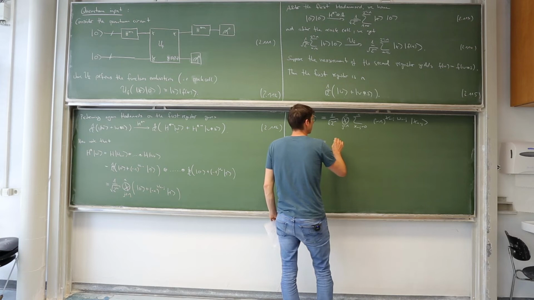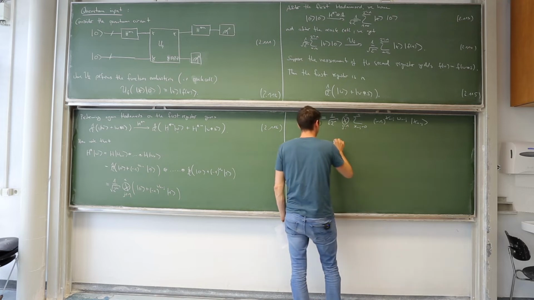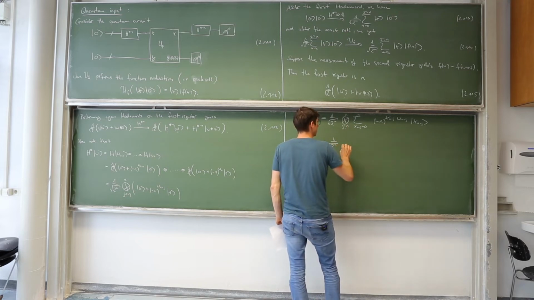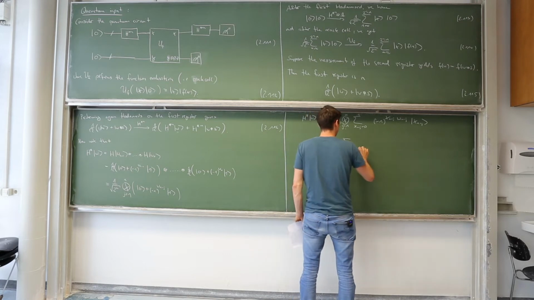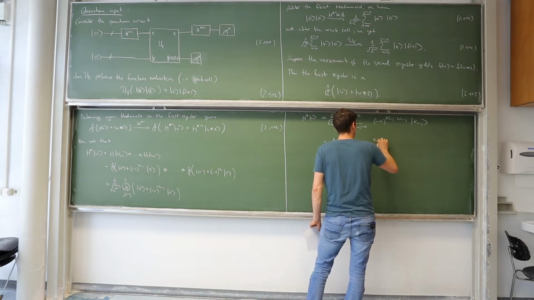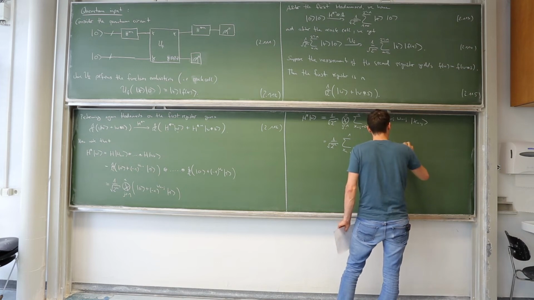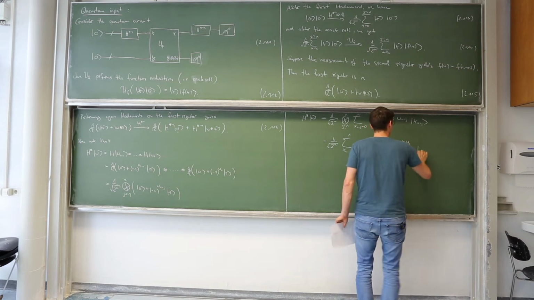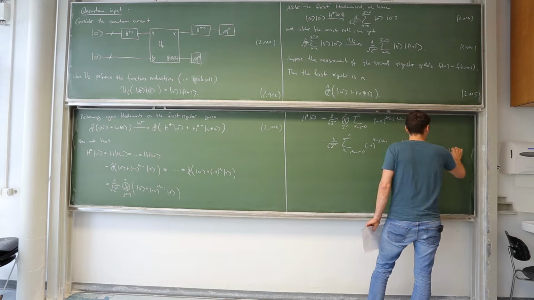And now we can write this tensor product. We can simplify this a bit and write this as a sum over all x0 to xn minus 1, which go from 0 to 1, and then we have minus 1 to the x n minus 1 times w n minus 1 times minus 1 to the x0 w0, and then here we have x n minus 1 to x0.